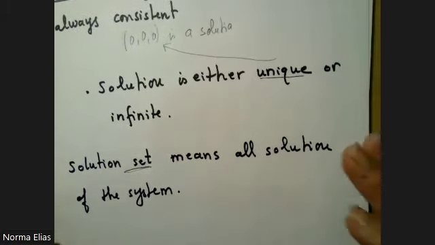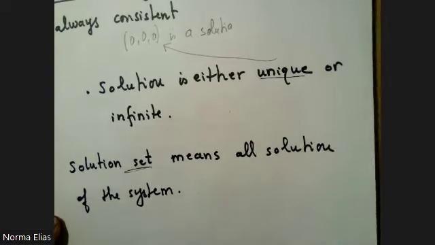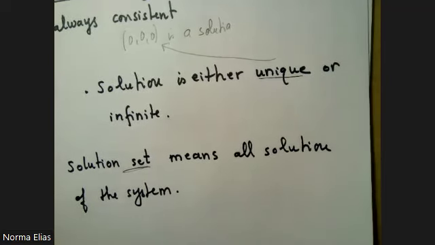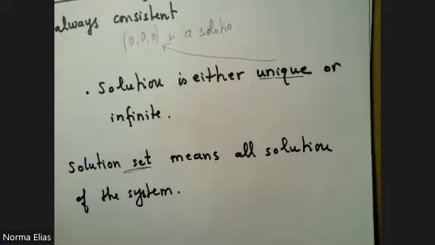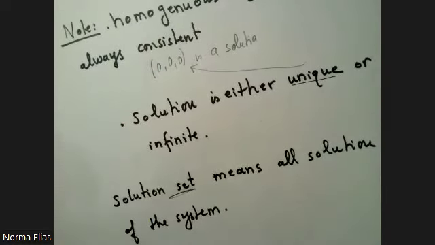Today, what we're going to do is solve a homogeneous system, and we're going to write the solution in a specific format called parametric vector form. So what I'm going to do is solve a homogeneous system the way we've always solved them, but the only new thing is we're going to represent them in a slightly different way. So here we are.